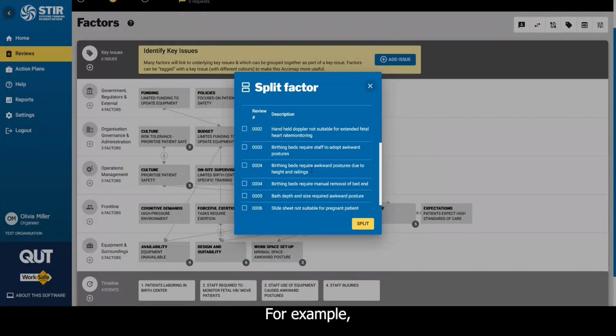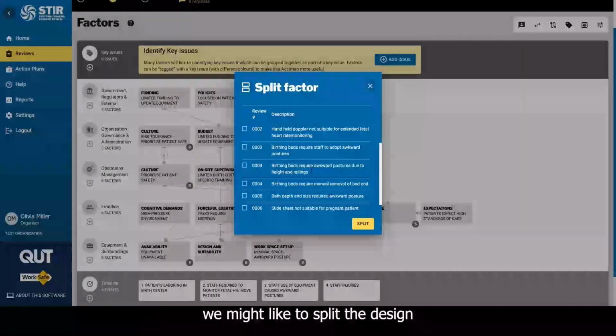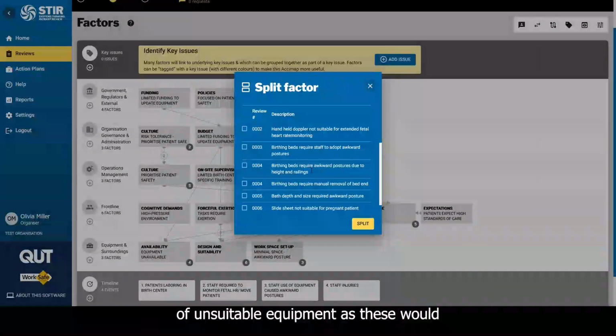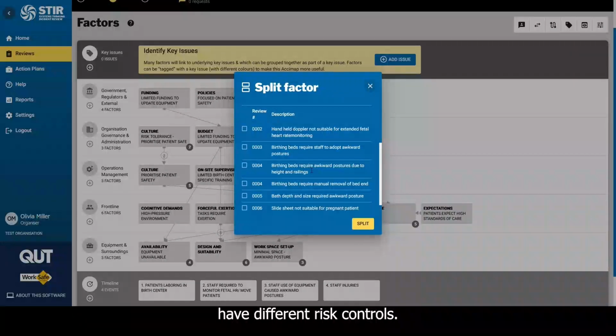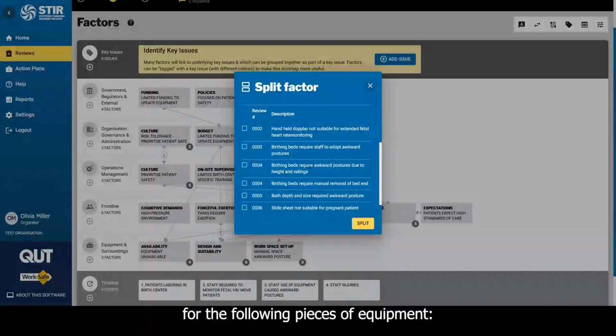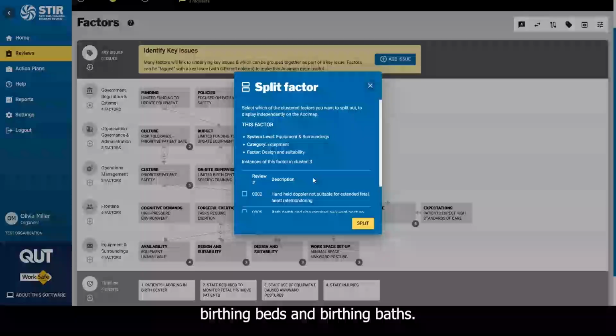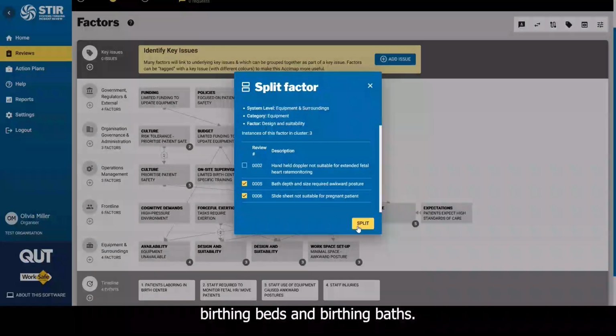For example, we might like to split the design and suitability factor at the equipment and surroundings level into factors for each individual piece of unsuitable equipment, as these would have different risk controls. This would result in 4 separate design and suitability factors for the following pieces of equipment: handheld Dopplers, slide sheets, birthing beds, and birthing baths.